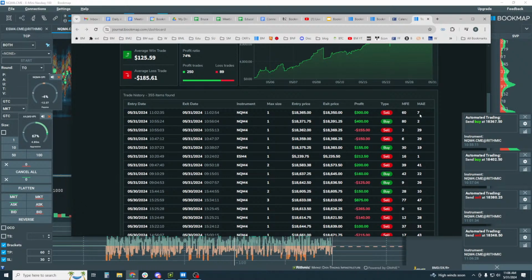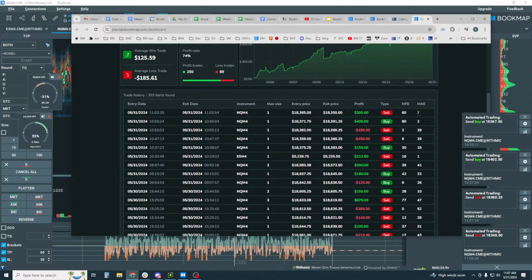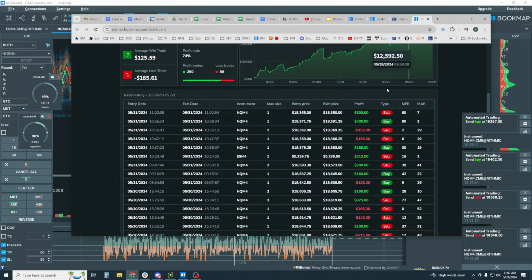Adverse excursions, how much did it go against us? 7 or 2. Okay, so that short squeeze, our buy here, it only went against us 2 ticks. Okay, our short here went against us just 7 ticks, and it went for us 60. Okay, that's pretty good. Not bad.